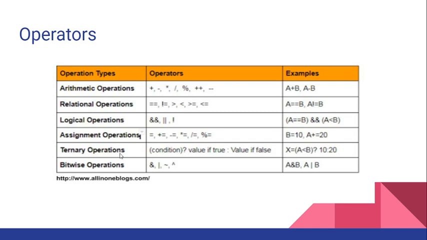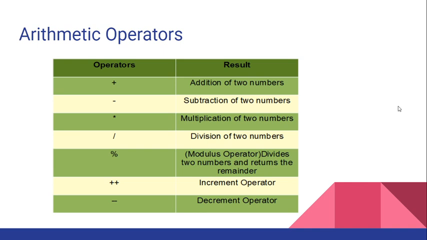Bitwise operators we're going to be discussing later. I'll tell you when. Bitwise operators are for later classes. We still have time for that. So let's go with the first three binary operator types first.